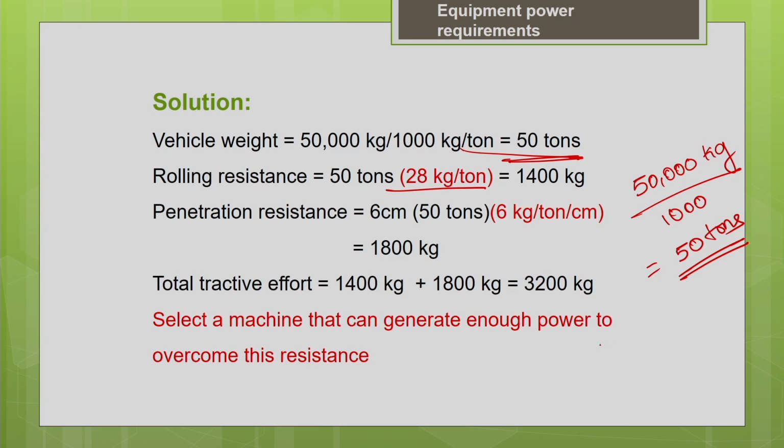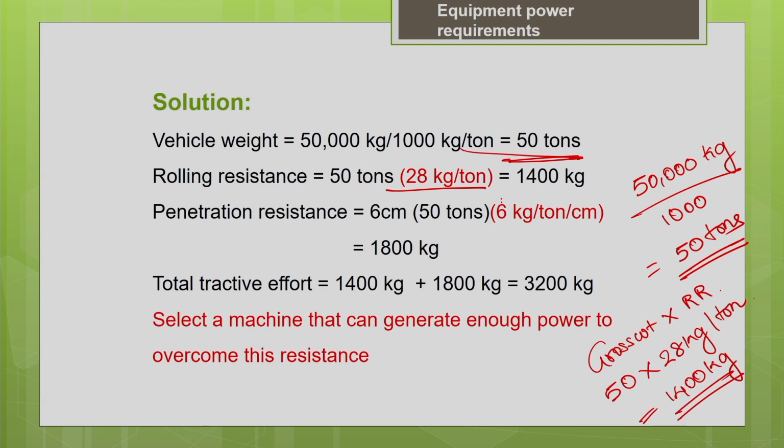So, you multiply the gross weight of the machine by the rolling resistance value. Gross weight is 50 tons multiplied by the rolling resistance of 28 kg per ton for that particular haul route. So, the total rolling resistance for your vehicle is nothing but 1400 kg.